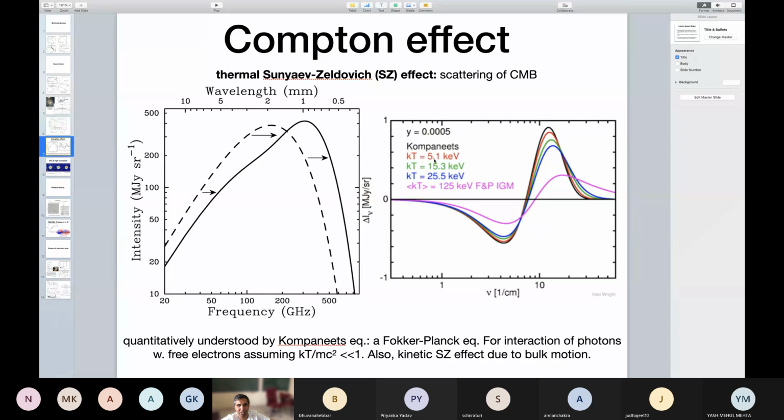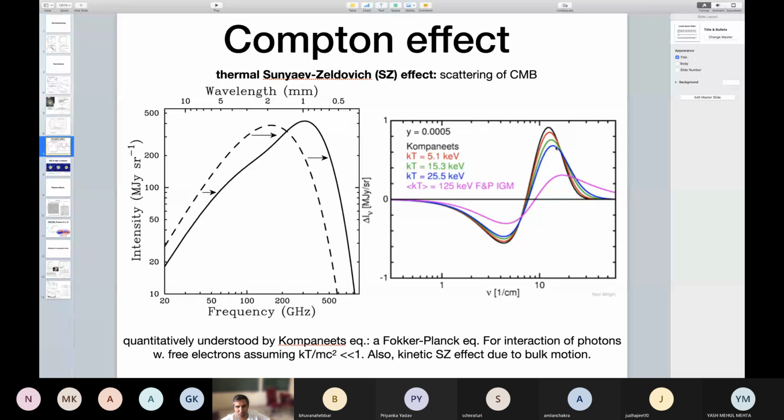And you see these are for three different temperatures. So the higher the temperature, the larger the shift. This is a 5.1 keV cluster, 15.3. So the higher the kT, the larger is the shift of energy. So you see this blue line goes to higher frequencies because it is higher energy. The shift is higher.